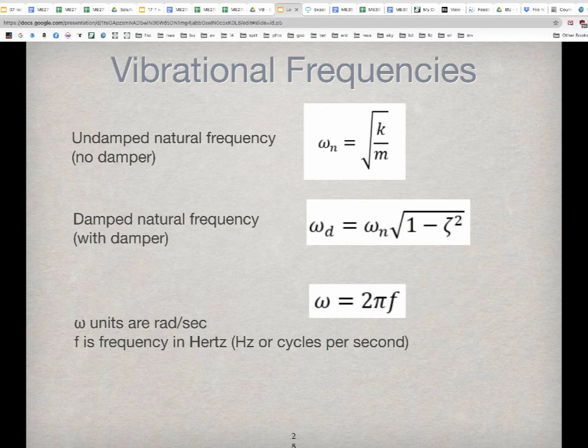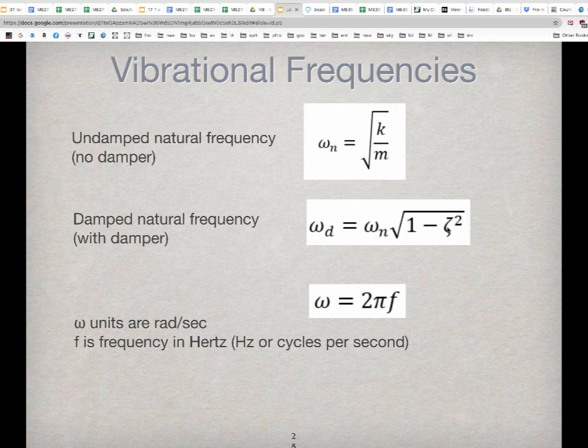Now, these are the undamped natural frequency of a system when you don't have a damper. The undamped natural frequency is given by the square root of k over m, where k is the spring constant, m is the mass. But if you do have a damper, the damped natural frequency is equal to the undamped natural frequency times the square root of 1 minus the damping ratio squared.